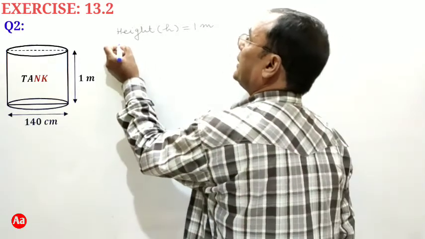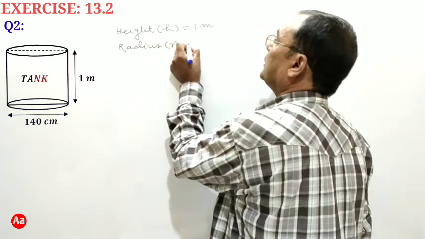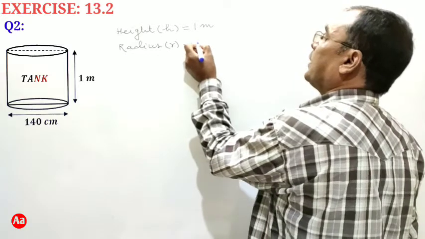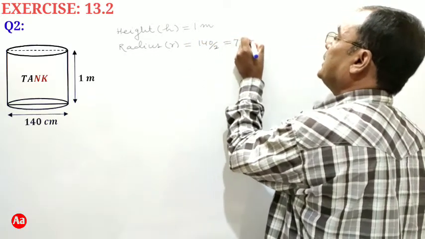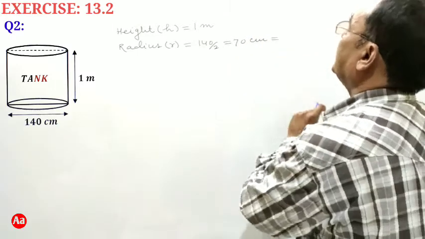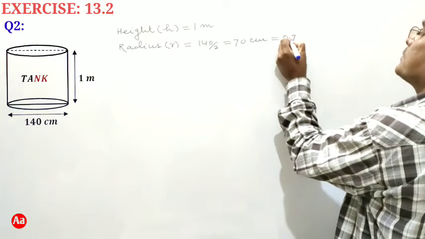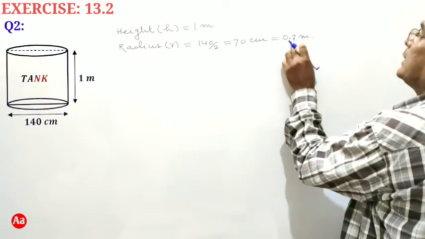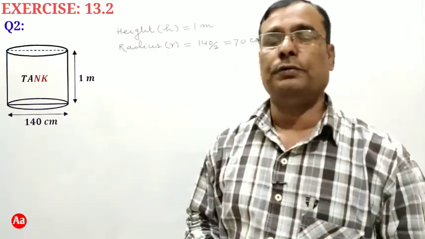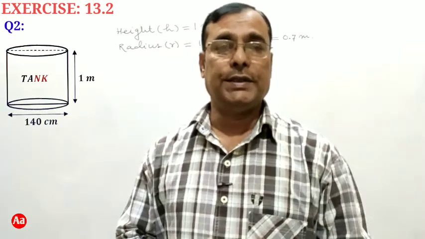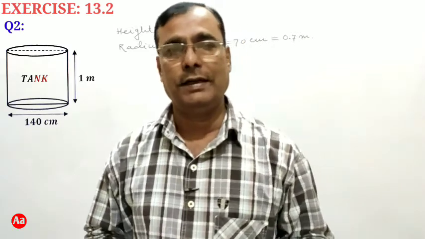So let's write directly radius r of closed cylindrical tank, that is 140 divided by 2, 70 centimeter, and let's change it into meter. So 0.7 meter radius of the closed cylindrical tank. We want to find out how many square meters of metal sheet is used in making this closed cylindrical tank.